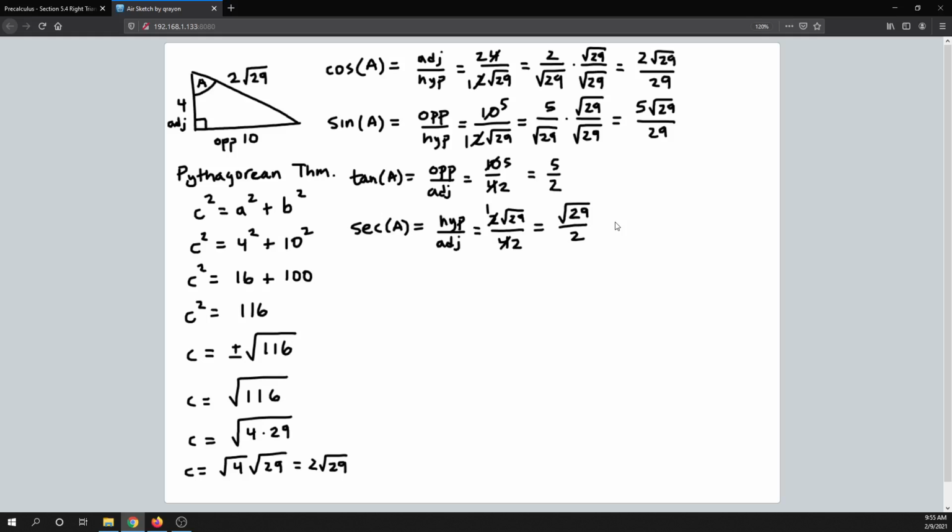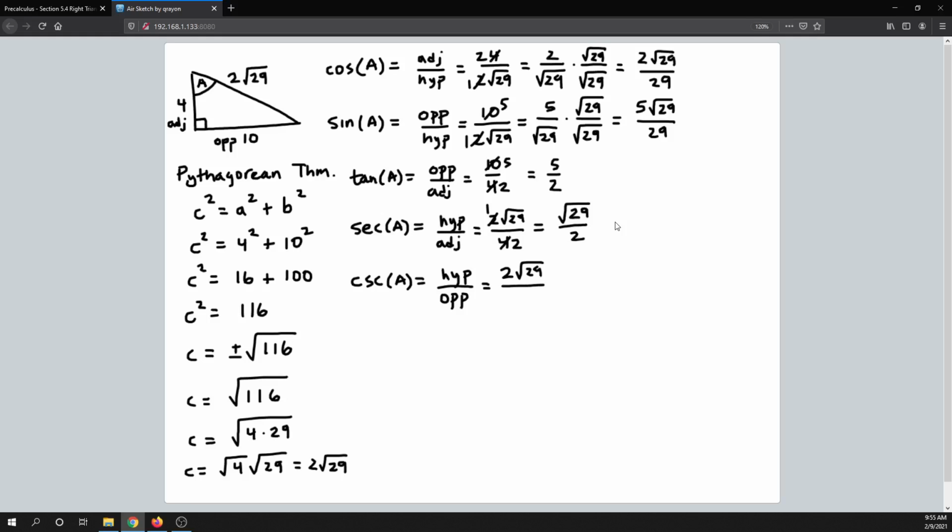All right, next up is cosecant. That's going to be the hypotenuse over the opposite. And the hypotenuse is 2 square roots of 29.